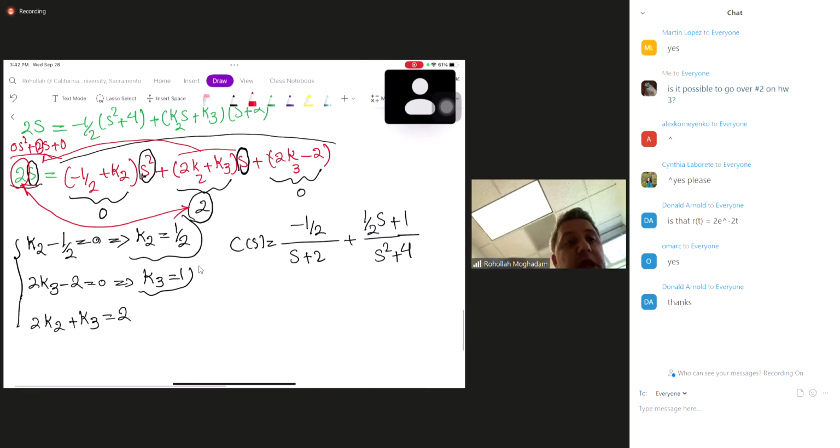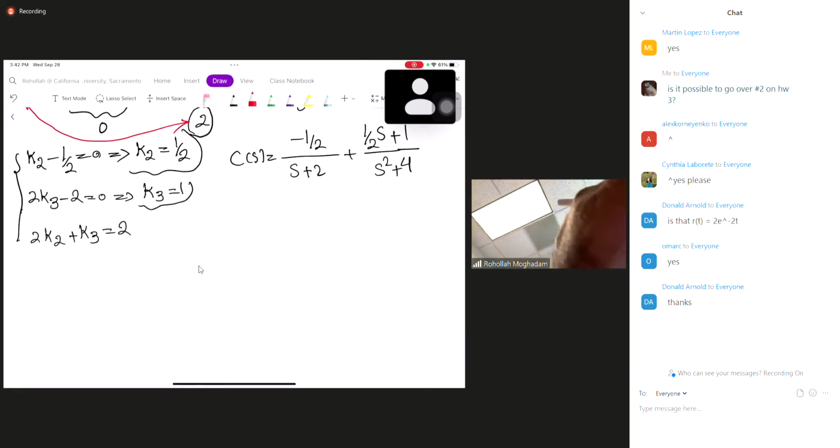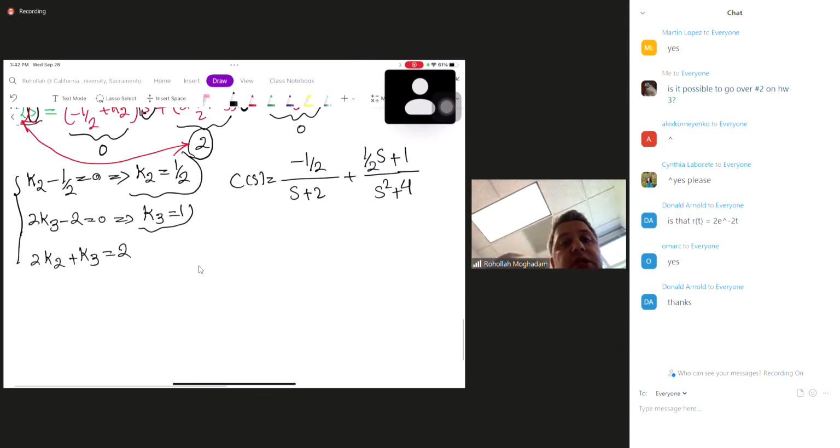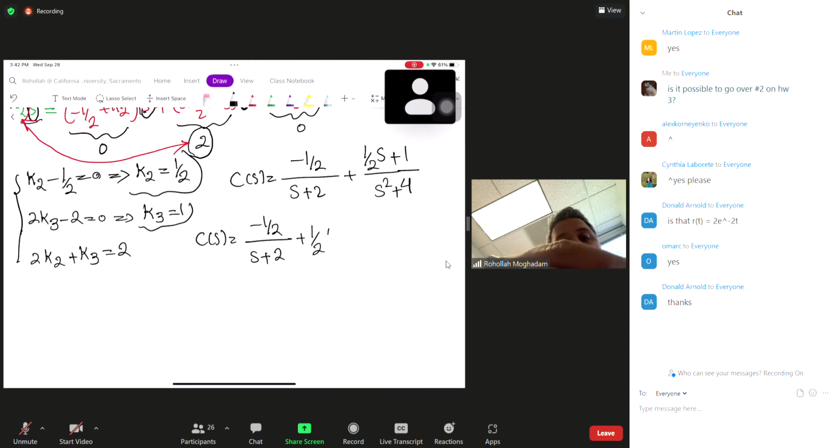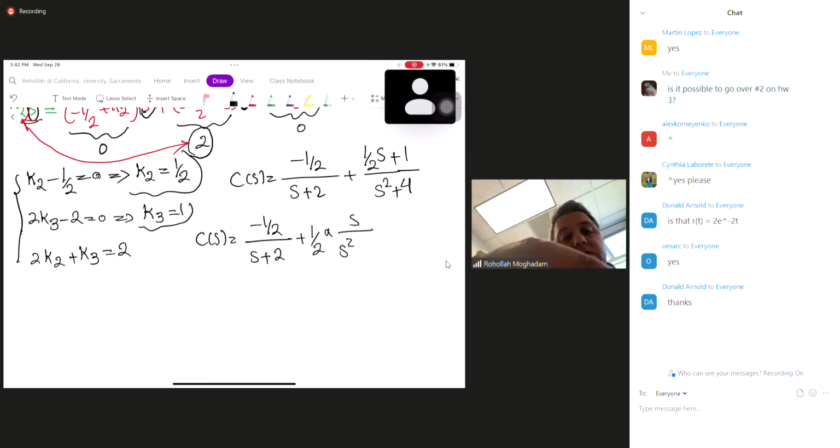Okay, wonderful. All right, now we are in the situation where we need to split the expression to come up with a function in the time domain. So C of s becomes negative half over s plus 2, plus half times s over s squared plus 4, plus 1 over s squared plus 4, right?